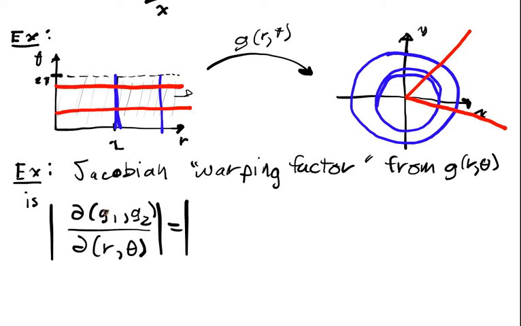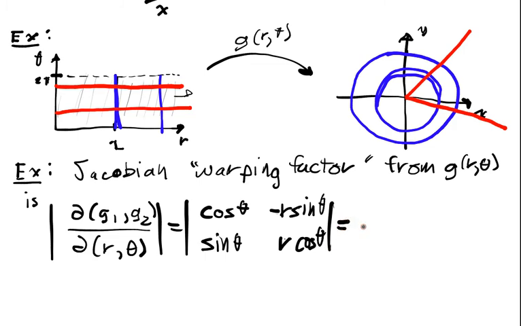Well, g1 is r cosine theta, so when we take a derivative with respect to r, we just get cosine theta back. If we take the derivative with respect to theta, we get negative r sine theta. g2 is r sine theta, so we just get a sine theta here, and then we have another r cosine theta.